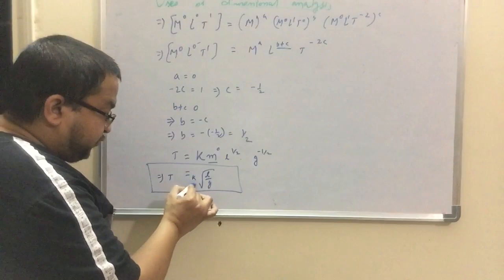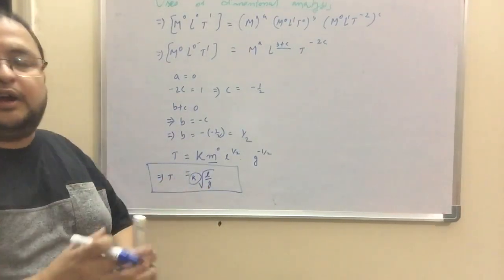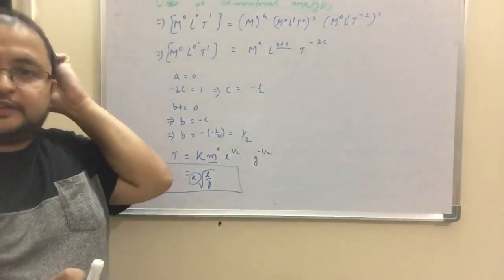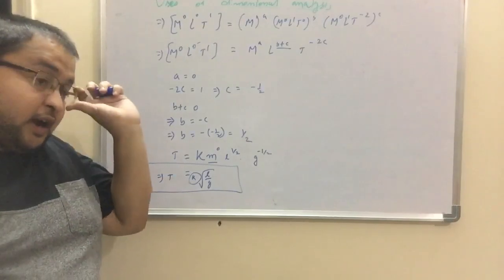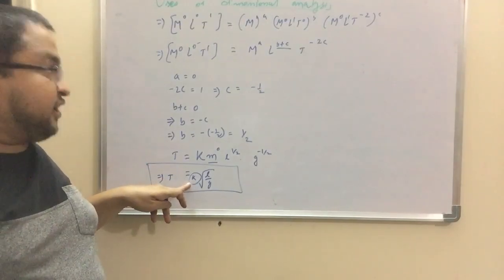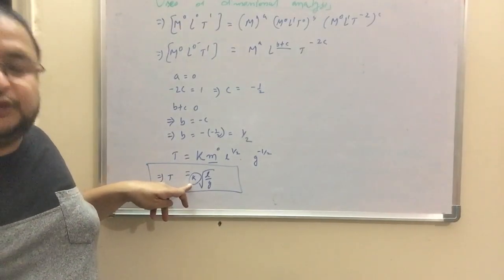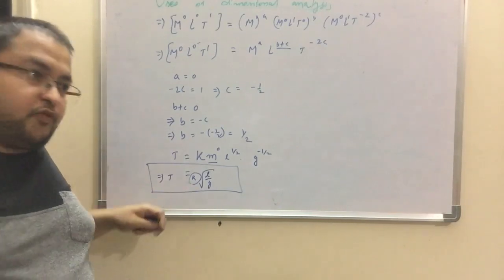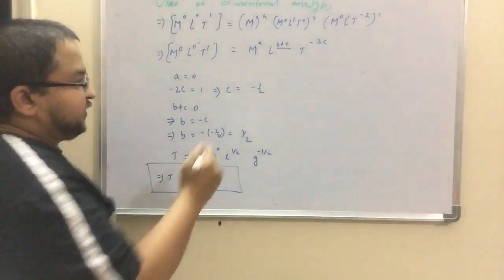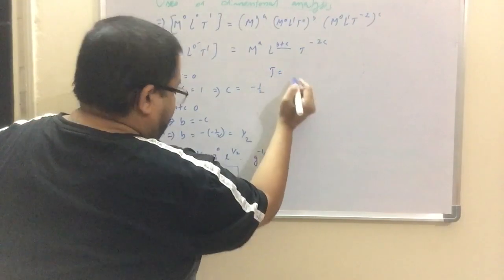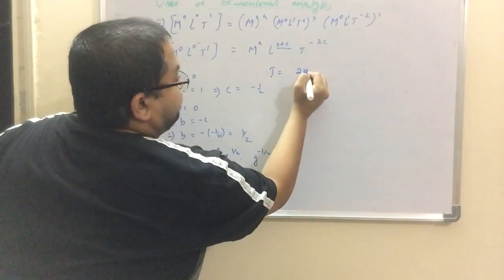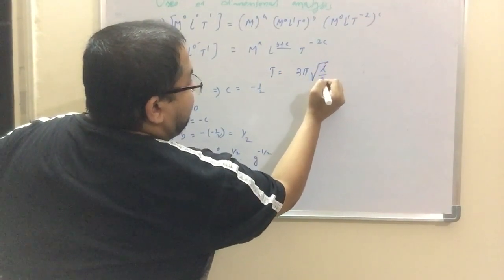And what is the value of this k? Dimensional analysis cannot help you to arrive at the value of k, because it is independent of this numerical value. From our practical experience, we know that T equals 2 pi root over L by g.